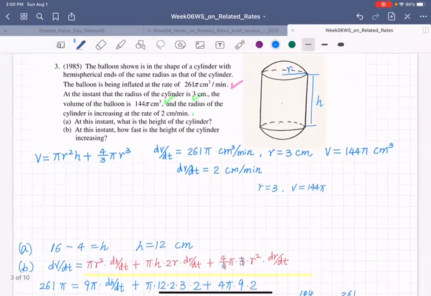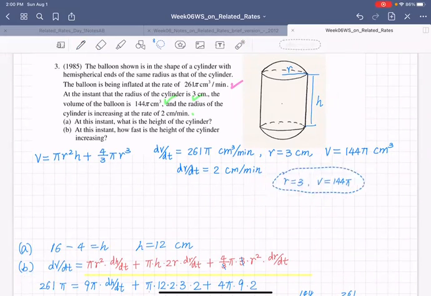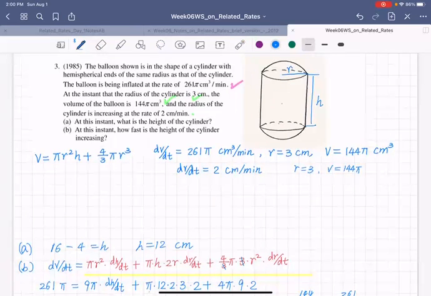Let's go ahead. We can plug everything in first. 144 pi, which is the volume, equals pi times 9, and we don't know h, plus 4/3 pi, and we know r was 3, so 27. Then we can cut down the 3 and the 27.